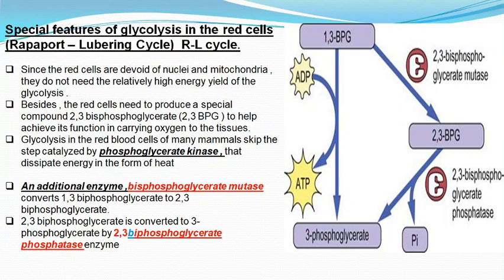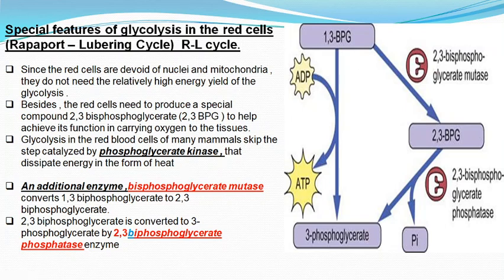This compound is 2,3-bisphosphoglycerate, or 2,3-BPG. 2,3-BPG is generated from 1,3-BPG by the enzyme mutase. So mutase will convert 1,3-bisphosphoglycerate into 2,3-bisphosphoglycerate.